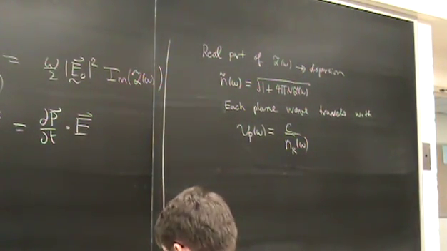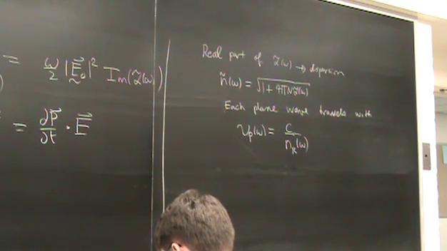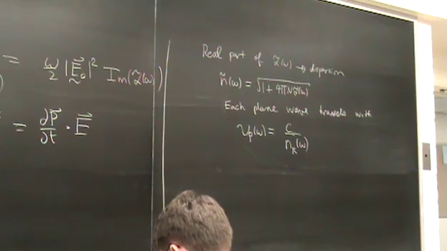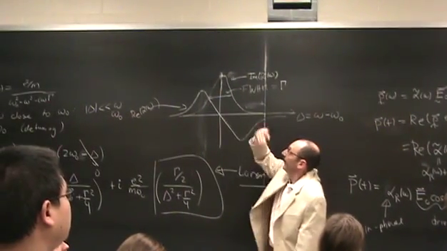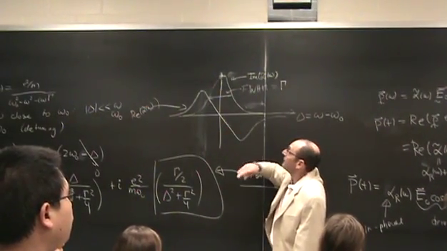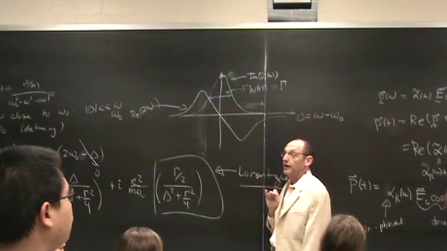So back to the Lorentzian, let's just quickly discuss. We just said here that the amount of absorption of energy into the oscillator depends on the imaginary part of the response.